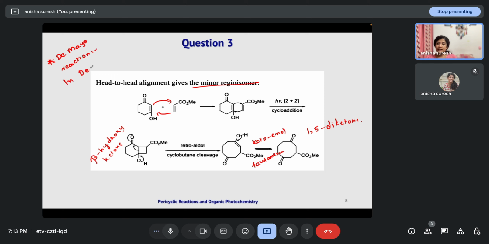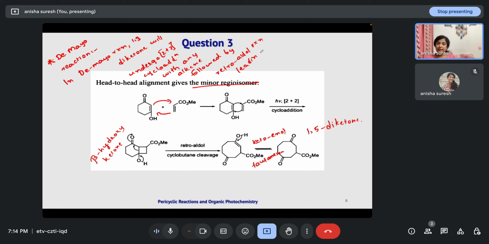In the de Mayo reaction, a 1,3-diketone will undergo 2 plus 2 cycloaddition with any alkene, followed by a retroaldol reaction, leading to formation of a 1,5-diketone.